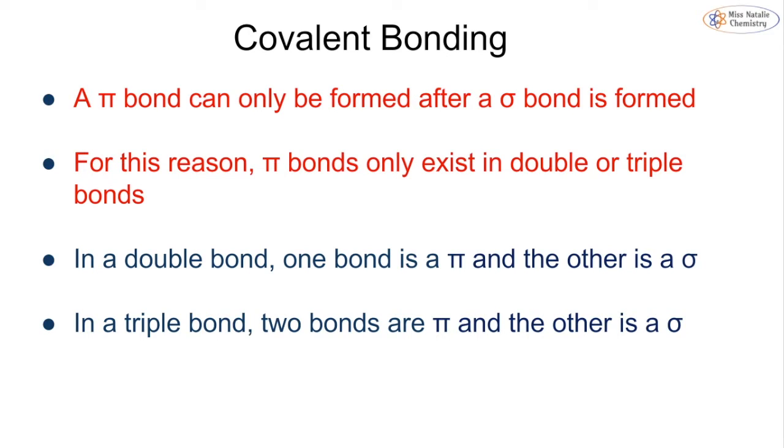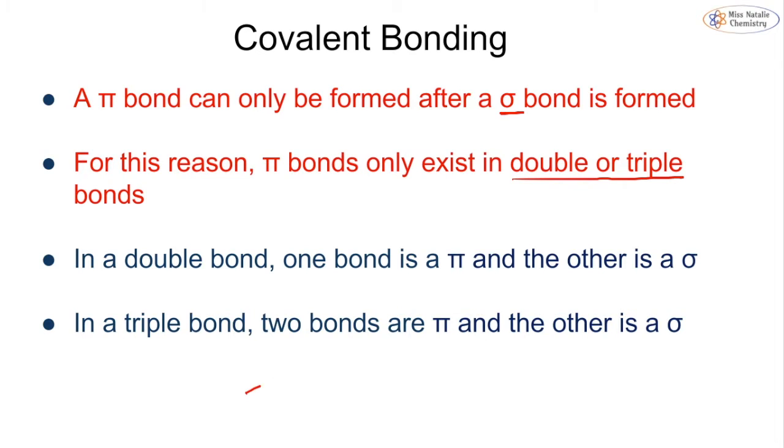Now, when we get this pi bond being formed, this side-to-side overlap, this can only happen when we have formed a sigma bond first. So we will get a sigma bond forming and then a pi bond, and because of this, pi bonds can only exist when we have a double or triple bond.